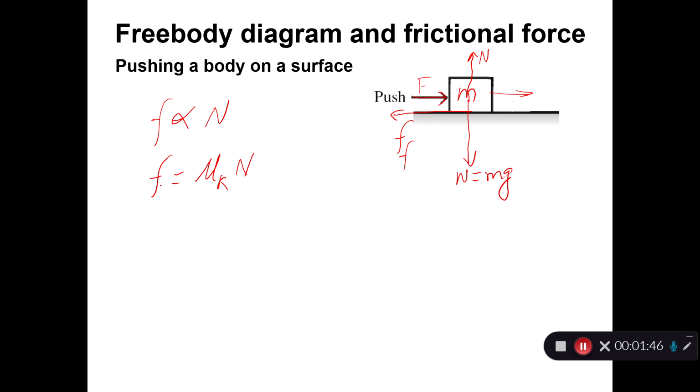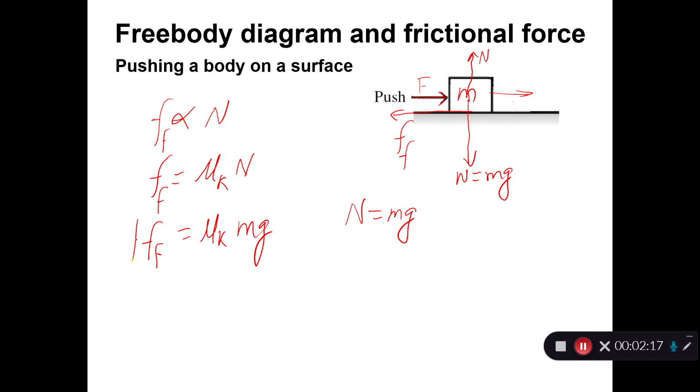In this picture, there is no relative motion in the upward and downward direction, so the normal force should be equal and opposite to mg. That's why there is no net force on mass m vertically. If I use this value in this equation, you will get mu k times mg. So this is the frictional force.